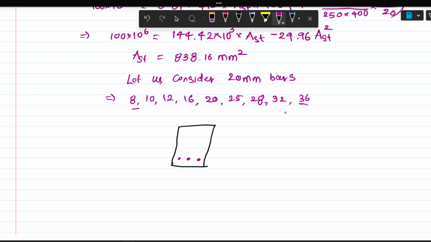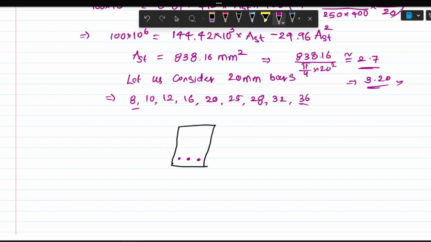If you divide this Ast, that is 838.16, by the area of one single bar, that is pi by 4 into 20 square, you will get approximately 2.7. So we can't provide 2.7 bars, so we will take the approximate value which is greater than this fraction, that is 3 bars, 3-20 bars.